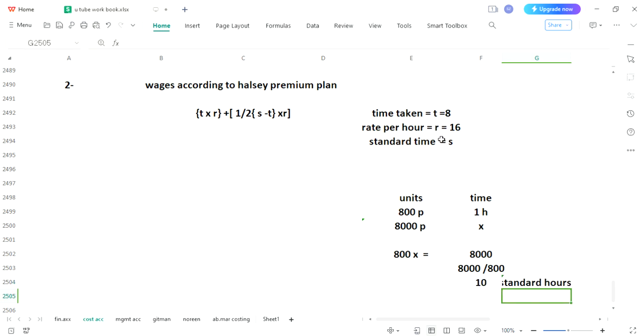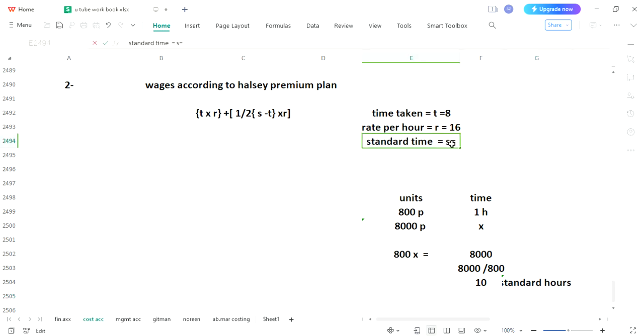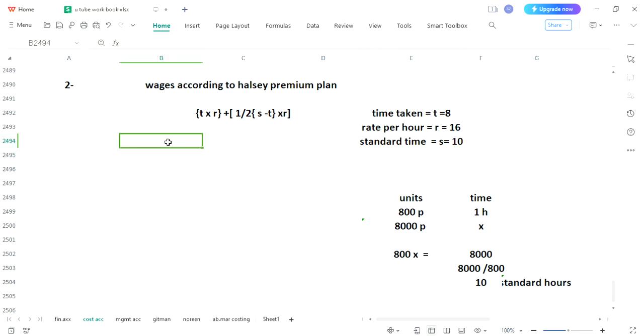So we have also calculated our standard time, which is 10. So every input is now ready, and we can put it in our formula. First thing first, you will open a small bracket, and there you need to write time taken.